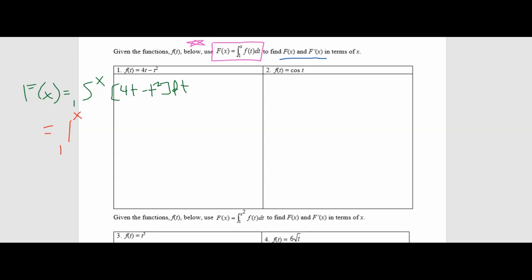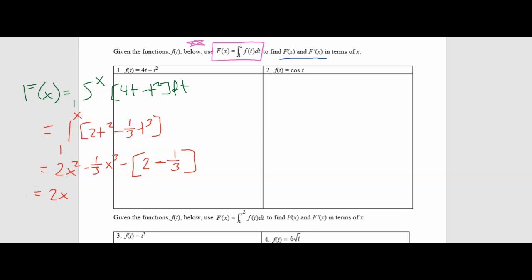Antiderivative of 4t is 2t squared minus 1/3 t cubed. So if I evaluate that, I'm going to get 2x squared minus 1/3 x cubed minus this entire thing, 2 times 1 squared, which is just 2, minus 1/3.